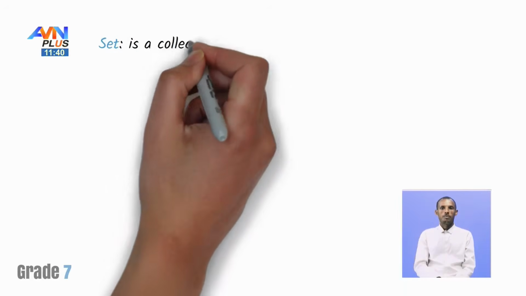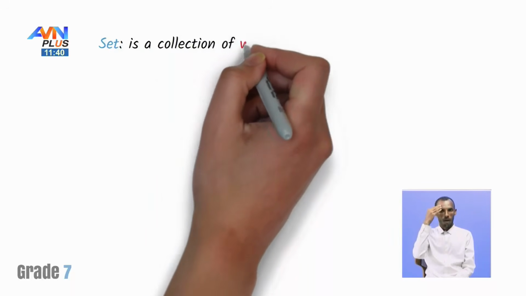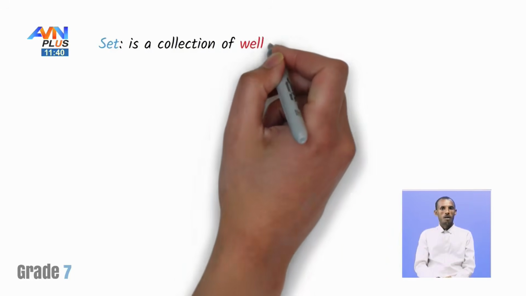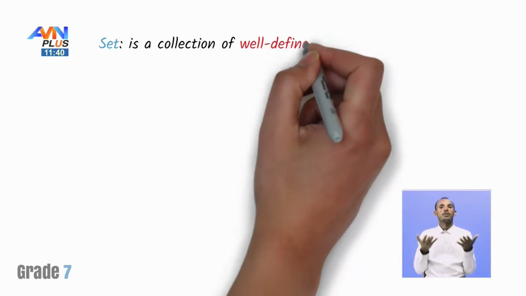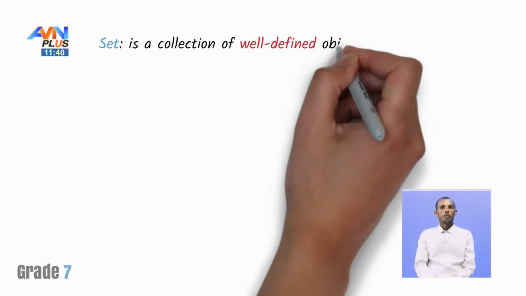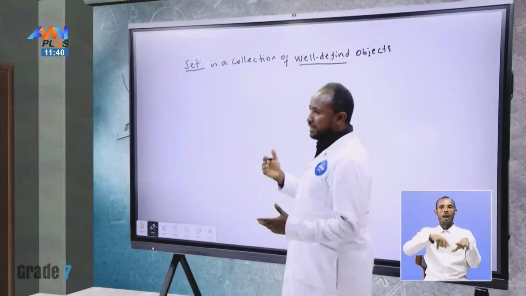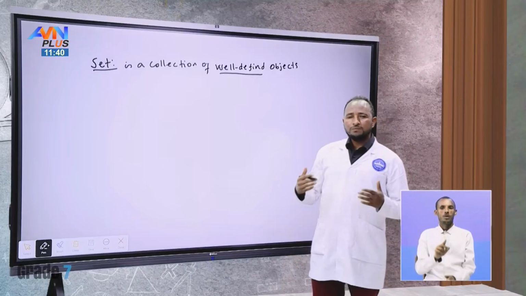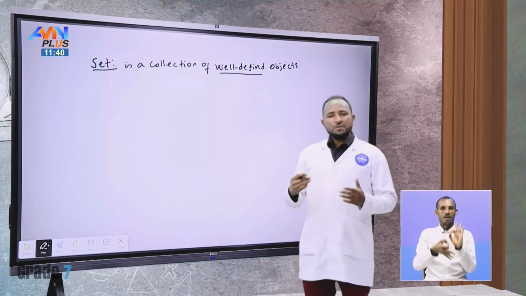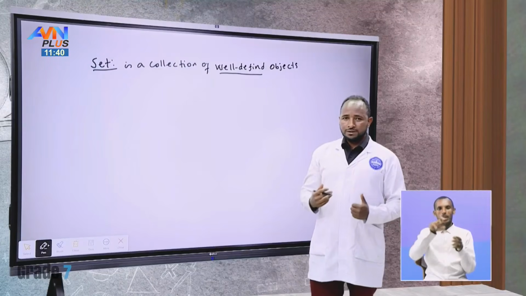Set is a collection of well-defined objects. Here, you have to underline what well-defined means. Well-defined means the members of the objects must be clearly stated.